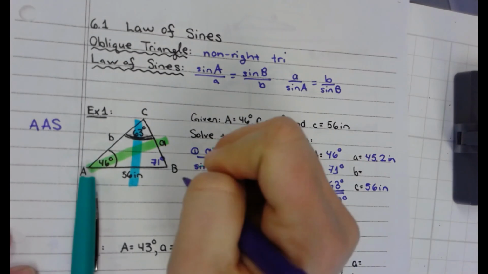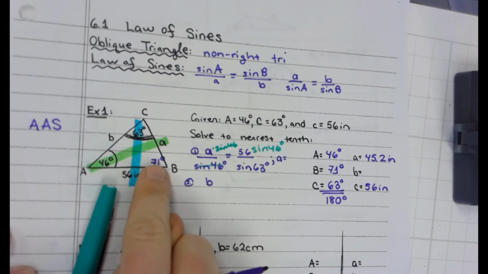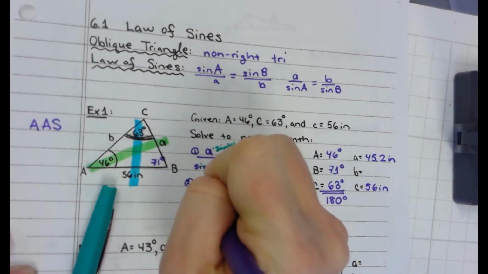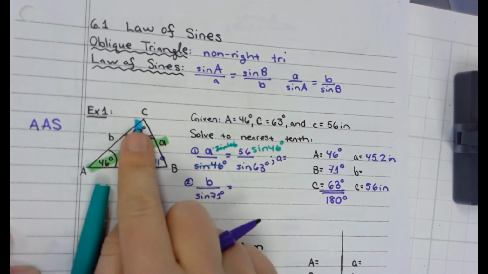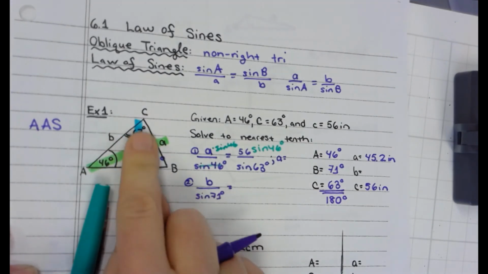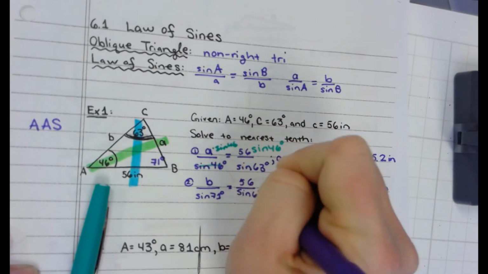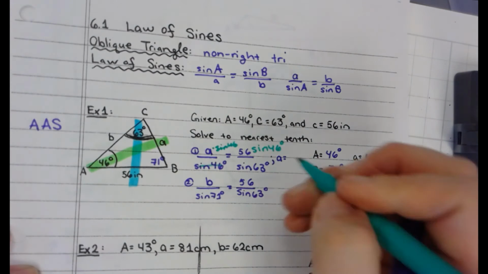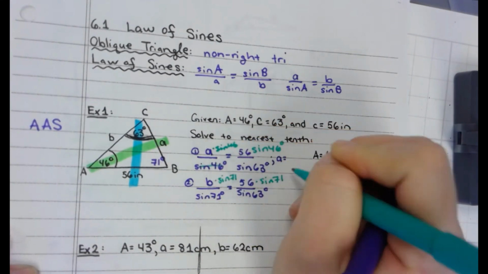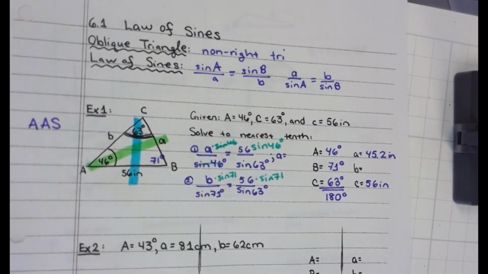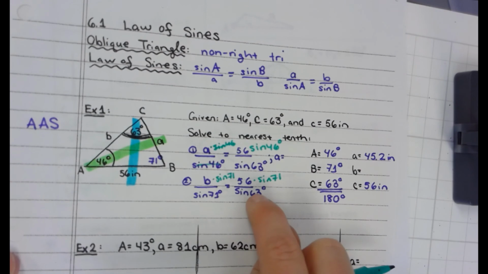Here we go, step 2, B. B is across from 71 degrees. Okay, you can choose either one. I always go with what was given from the original. So let's do 56 again over sine of the 63. Okay, let's go ahead and type it in. 56 times sine of 71, watch that parenthesis, divided by sine of 63.